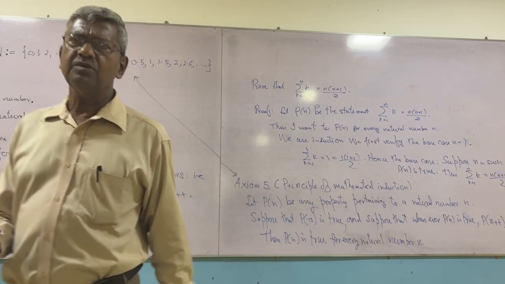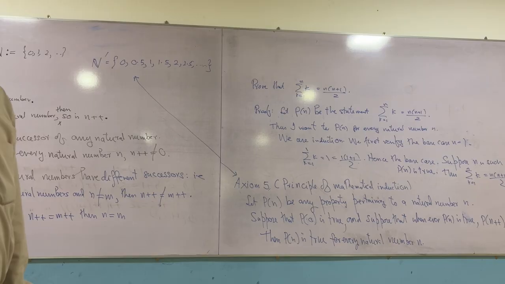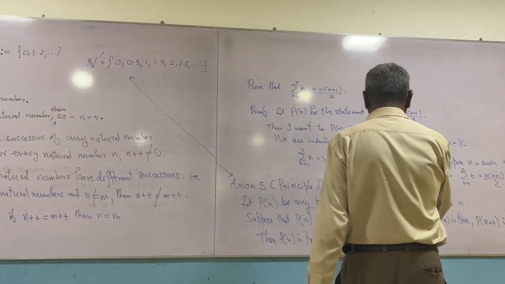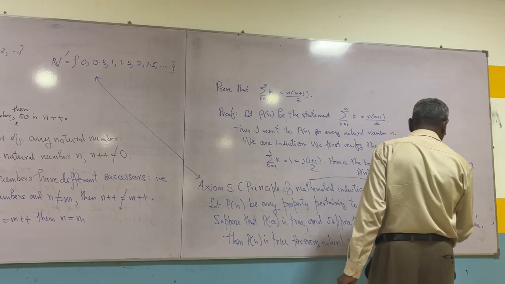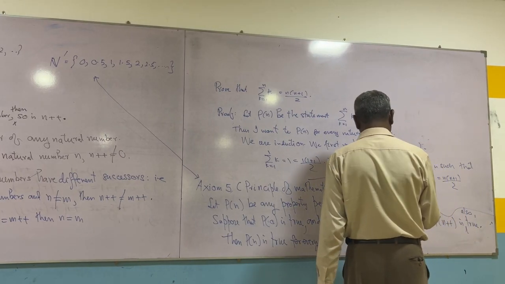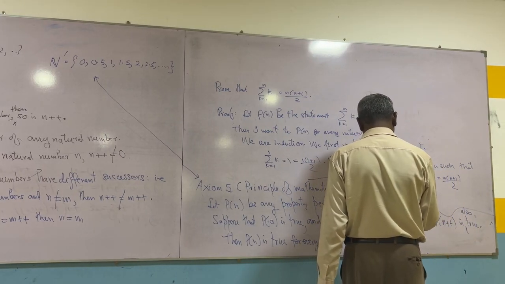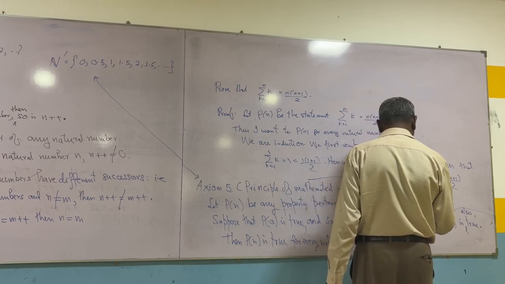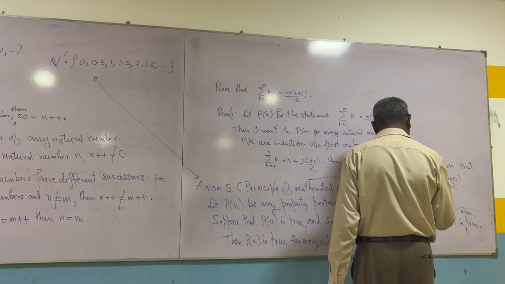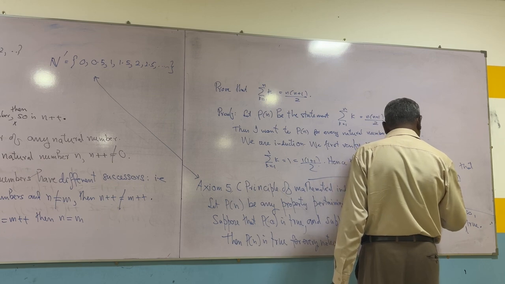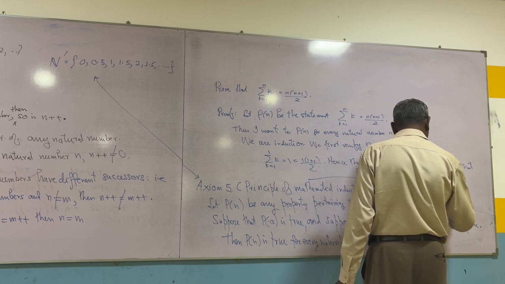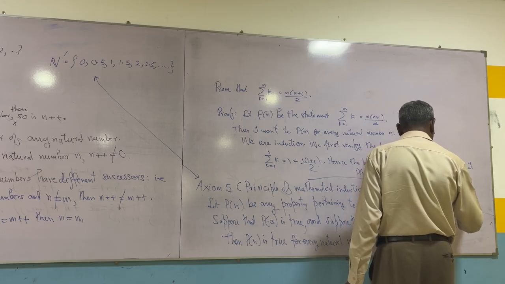Now we have to prove it for n plus 1. Then notice that sigma k going 1 to n plus 1 is actually sigma k going 1 to n plus (n plus 1).